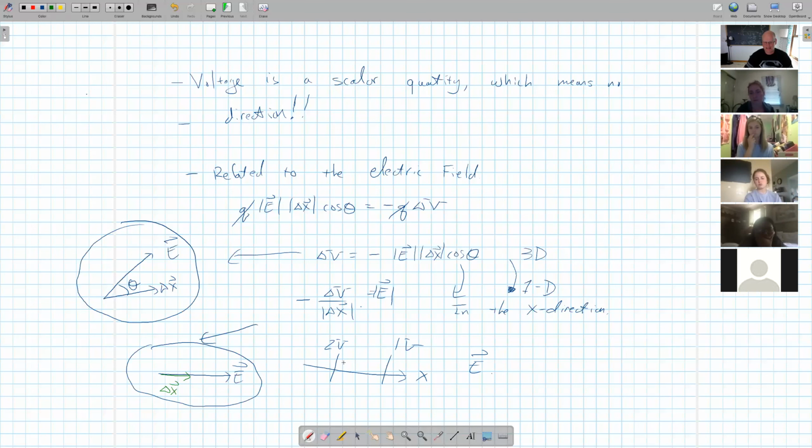So in this case, that means I have to have an electric field which points from the 2 volts down to the 1 volt. Okay, so this is what the electric field does. So the electric field points in the direction from high V to low V. Okay.